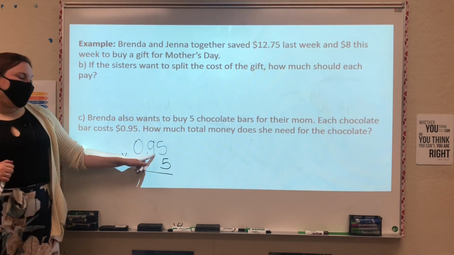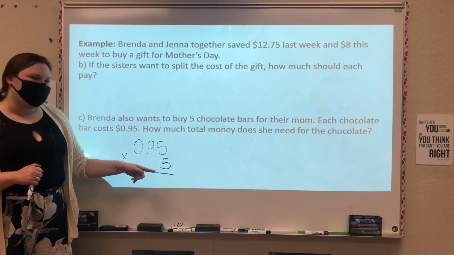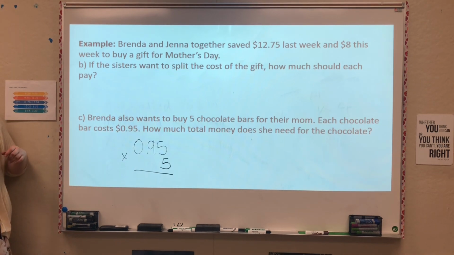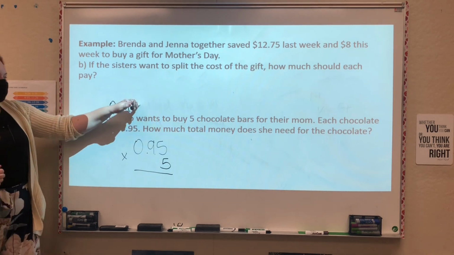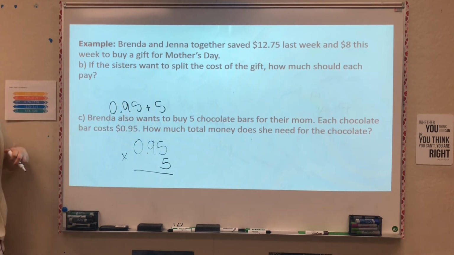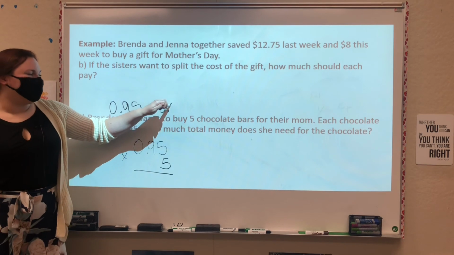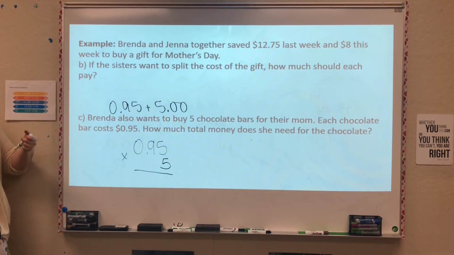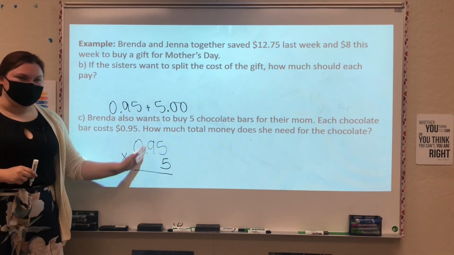If I wanted to add 95 cents with 5, would I write it the same way? When you're adding or subtracting decimals, those decimal points need to line up.